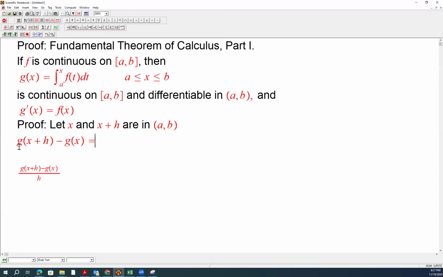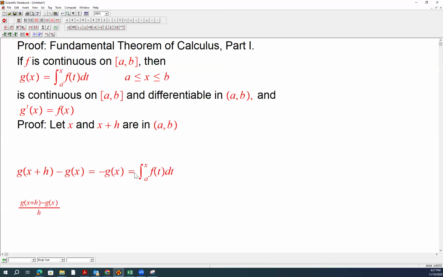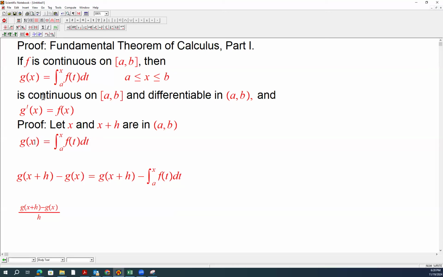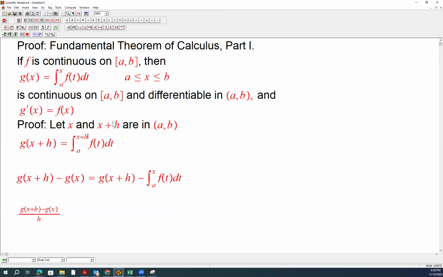According to the definition of g, g(x) is defined as such, and for g(x plus h), the upper limit is going to be x plus h.